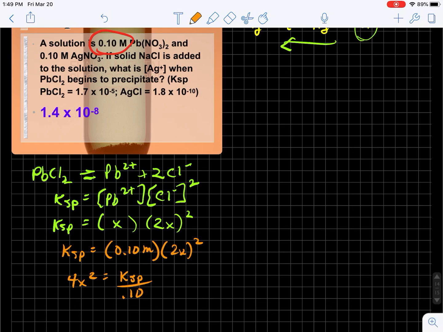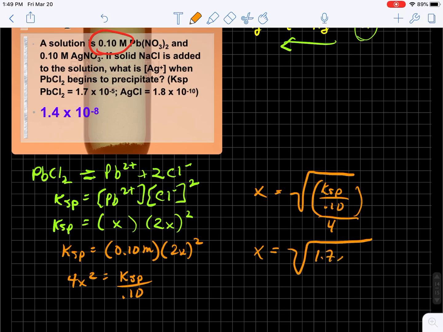And x is going to be the square root of KSP divided by 0.10 divided by 4. So we'll substitute in 1.7 times 10 to the minus 5 for the KSP. And let's see what we get for x.